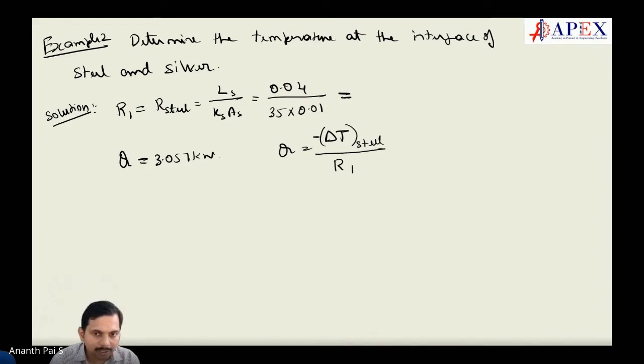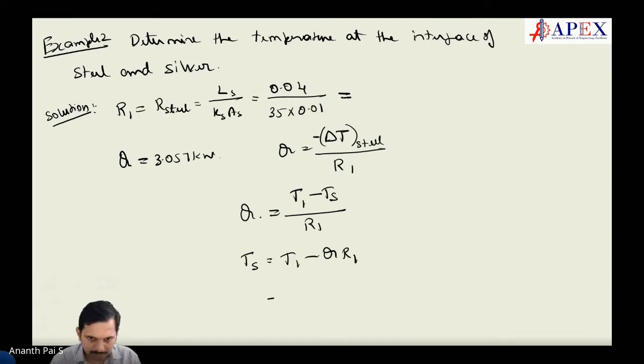So you get T1 minus T steel interface divided by R1. Q is known, so you can write TS is equal to T1 minus Q into R1.